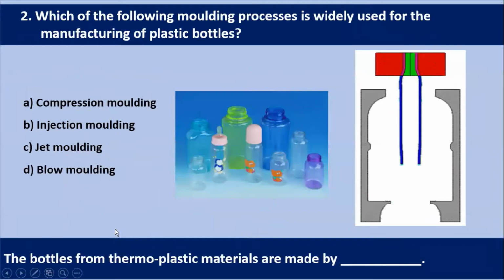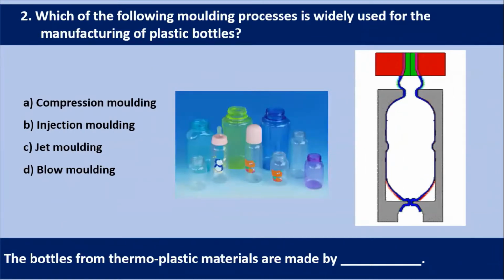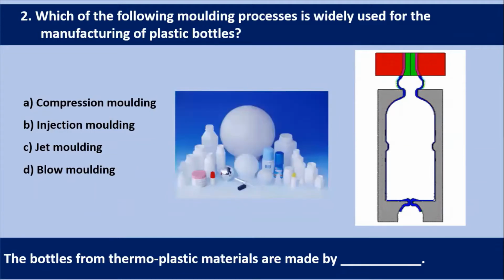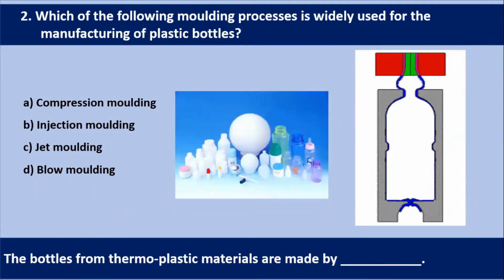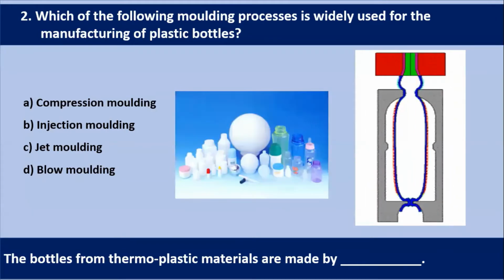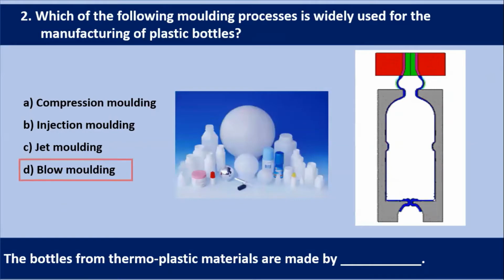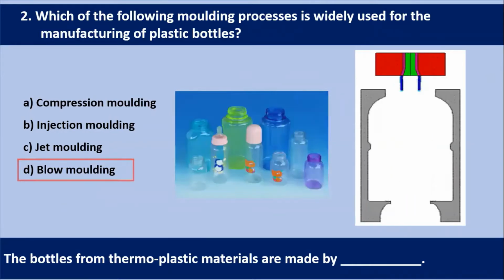Next question, which of the following molding processes is widely used for the manufacturing of plastic bottles? So actually we know that if you want to produce bottles, we always use blow molding.